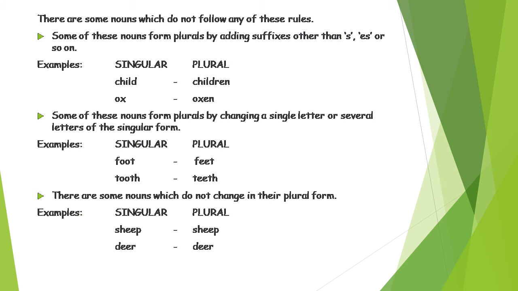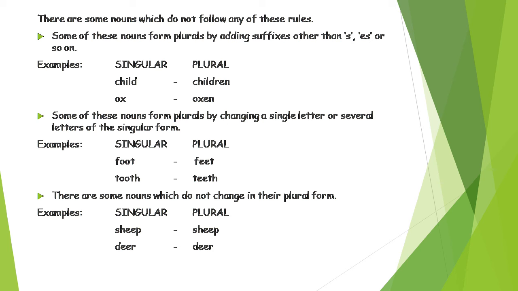There are also some nouns which do not follow any of these rules. Some of these nouns form plurals by adding suffixes other than S, ES or any other thing like VES, IES or so on. So suffixes are those words which are added at the end of words and which give a different meaning.